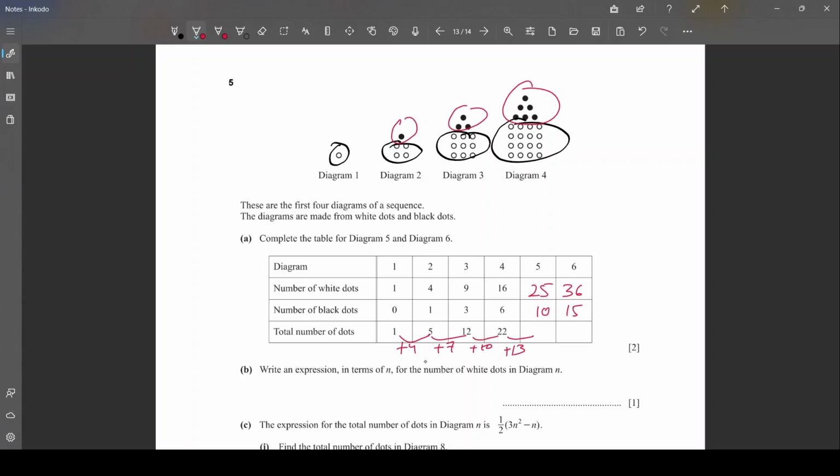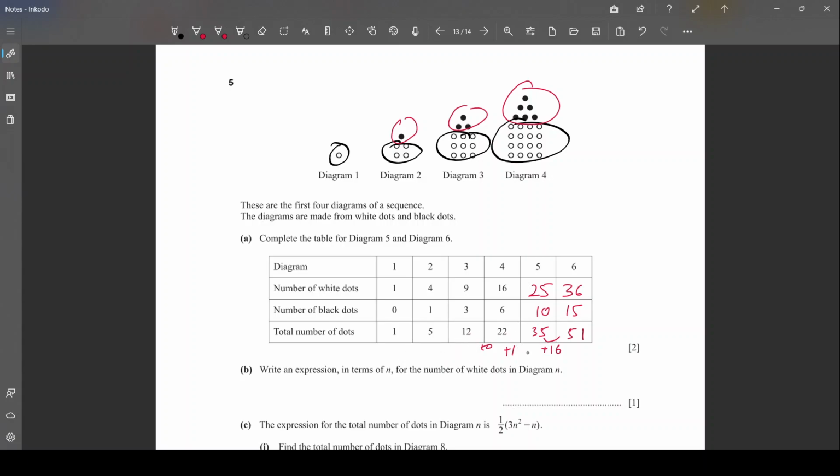So it's like 3, 3 we are adding in the sequence below also. So 22 plus 13 is 35, and after that plus 16, so 35 plus 16 is 51.